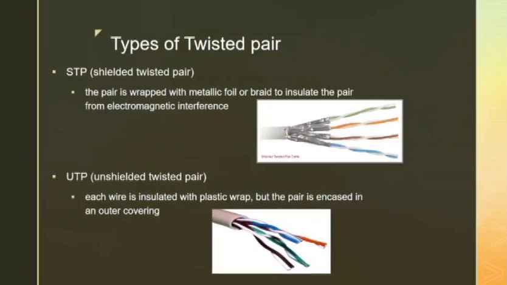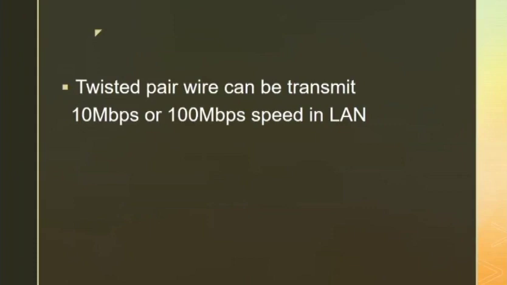They have no covering in those cables. Twisted pair cable can transmit at 10 megabits per second up to 100 megabits per second speed in a LAN. That means in 1 second you can send 10 to 100 megabits.